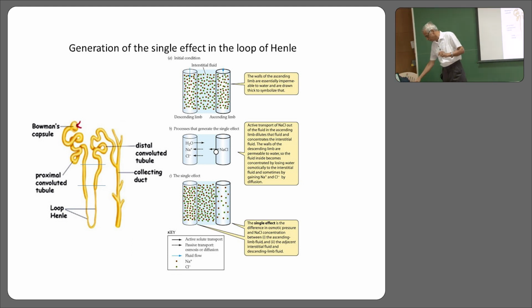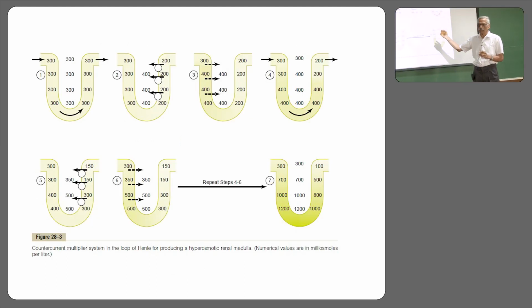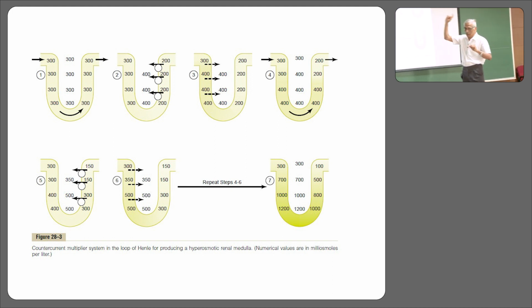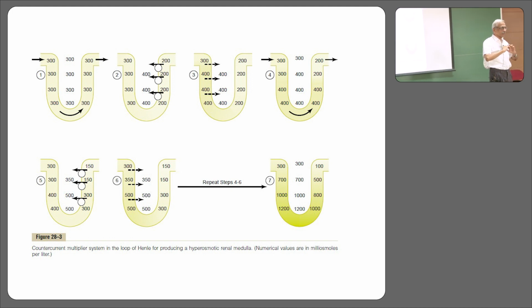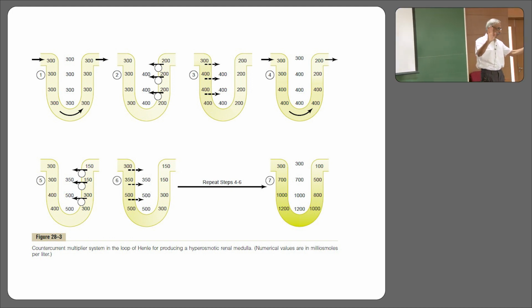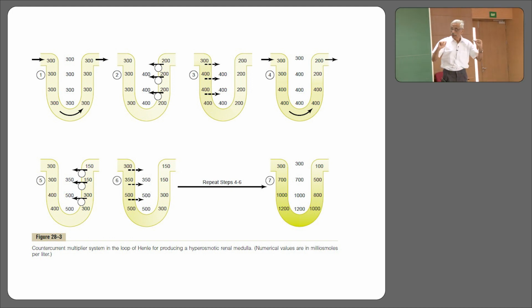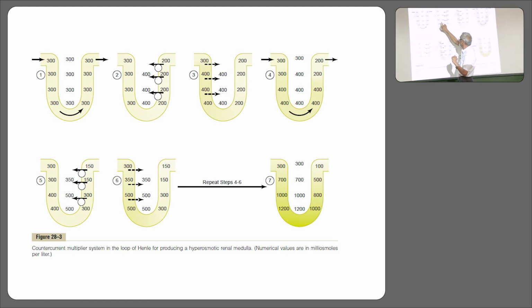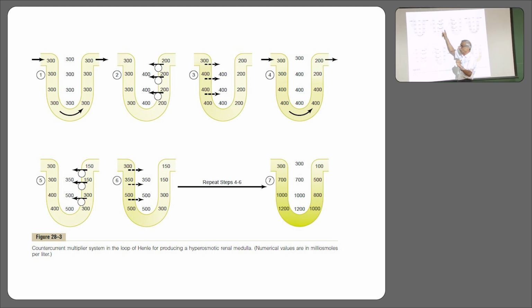Now, move on. I will explain this diagram quickly. This is important because I want you to appreciate the importance of the U which you see in the loop of Henle. Here I have, first is simple, the starting point, everything is 300. We are trying to understand 300. Then, as we are now comparing this tube and this tube, there are pumps here, no aquaporins.